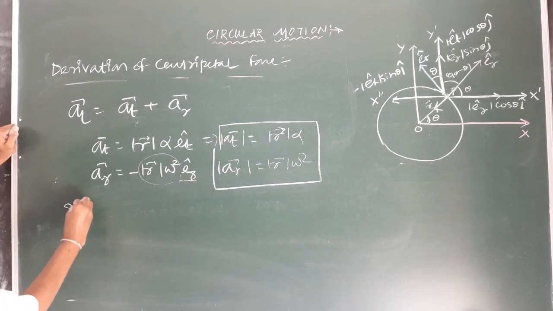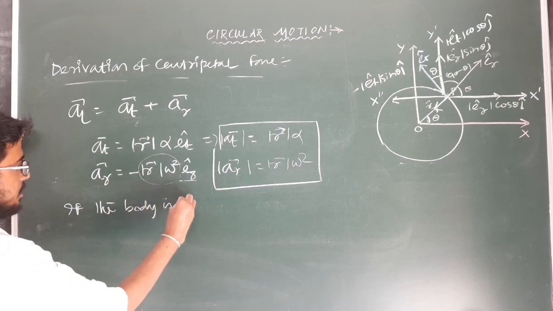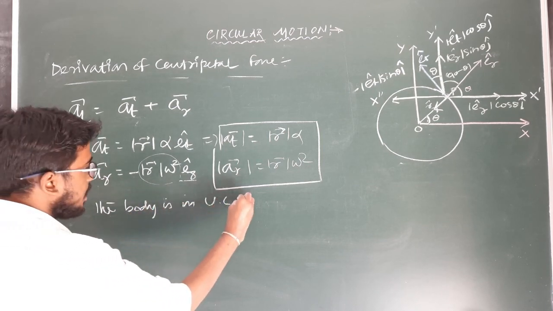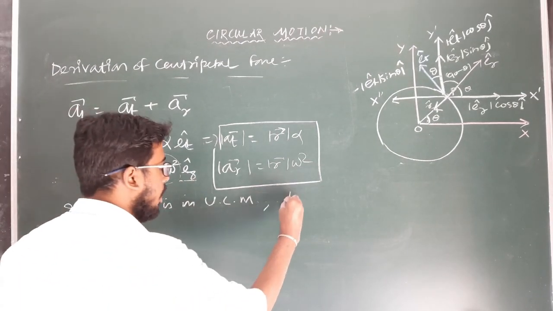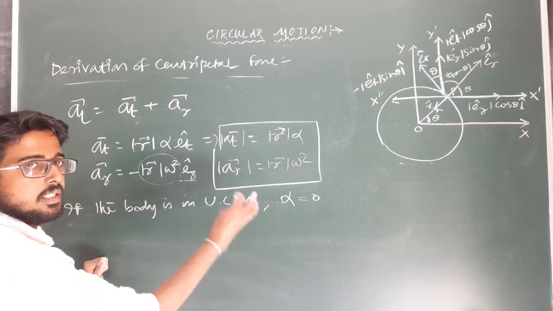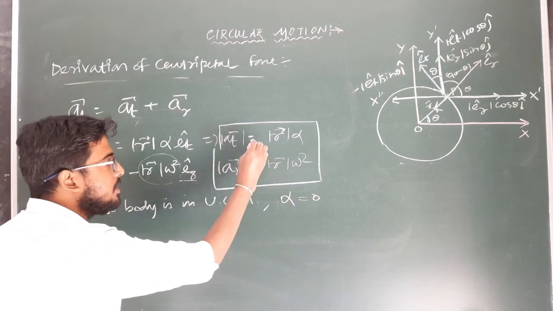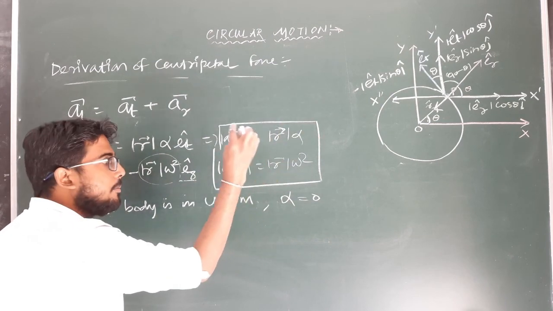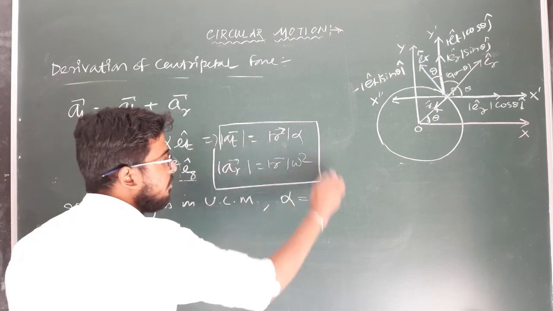So if the body is in uniform circular motion, as we already studied, in case of uniform circular motion the angular acceleration is equal to 0 because there is no change in speed, so tangential acceleration will be 0. If tangential acceleration is 0, r can't be 0 because it is fixed, so alpha is equal to 0.